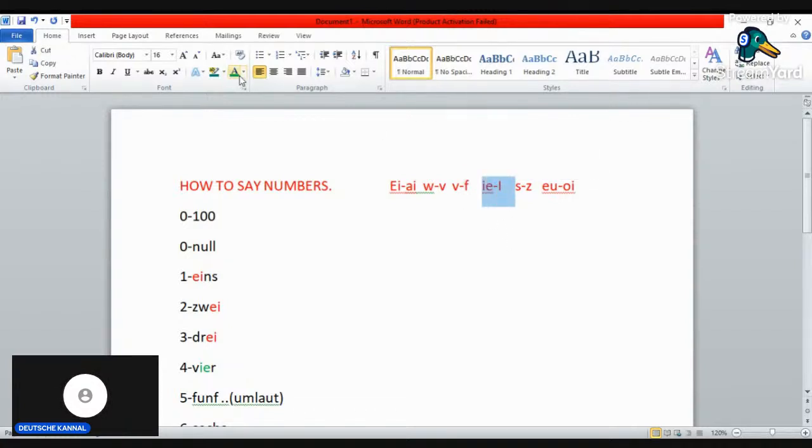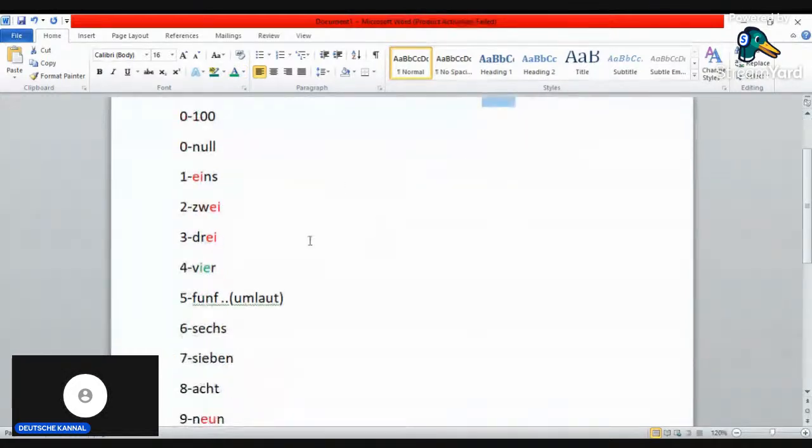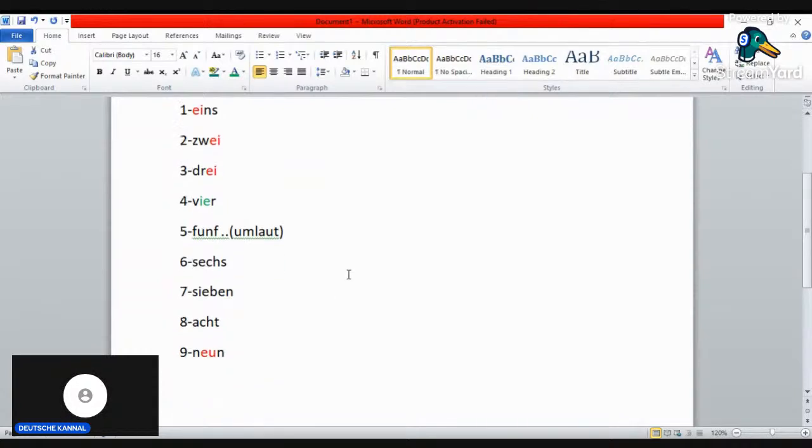So vier. Then we have fünf, make sure you add the two dots on top of U. Then there is sechs. Sieben has I and E, IE, so sieben.